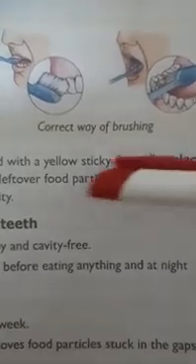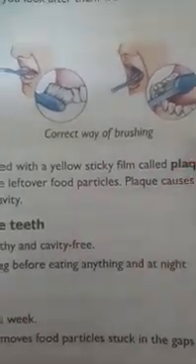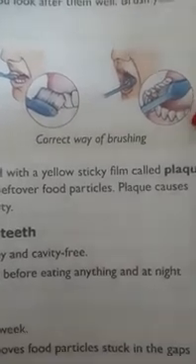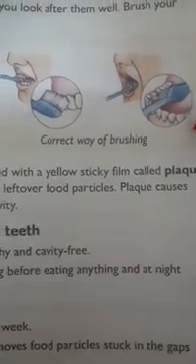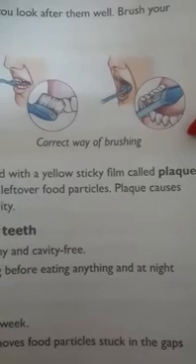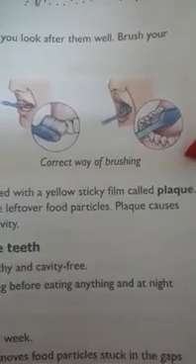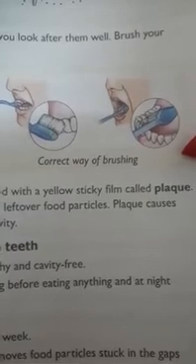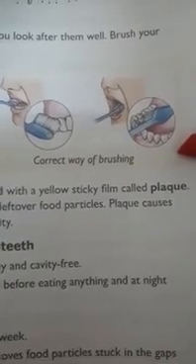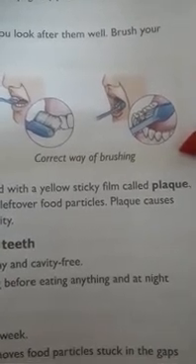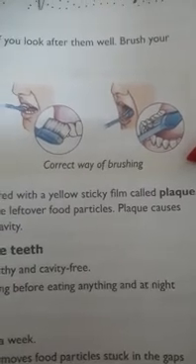So how to take care? Brush your teeth correctly and regularly twice a day. Brush gently with soft hands. Use short back and forth strokes. Clean the outer and inner surface of the teeth. Clean the chewing surface of the teeth.